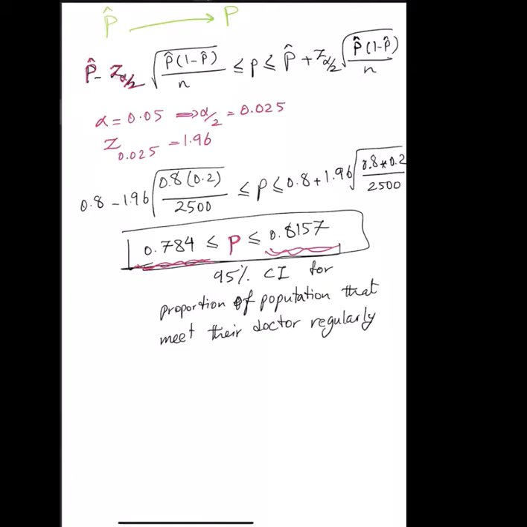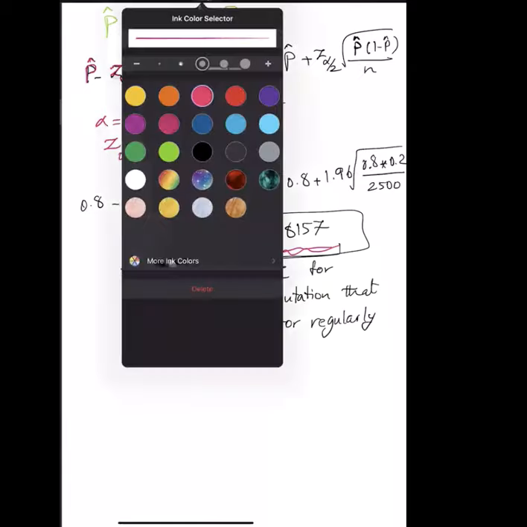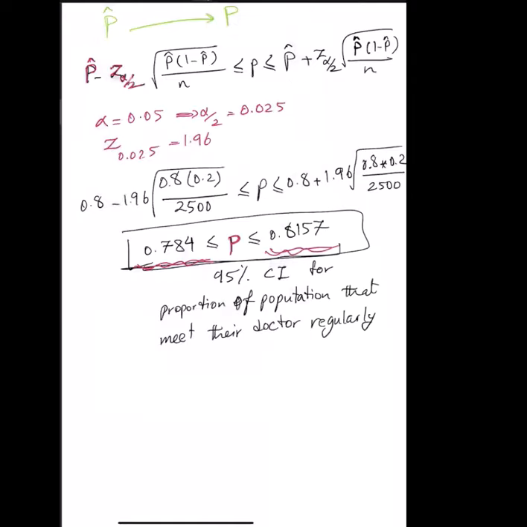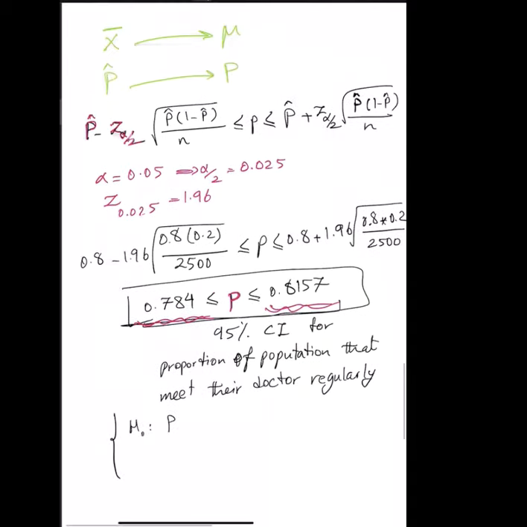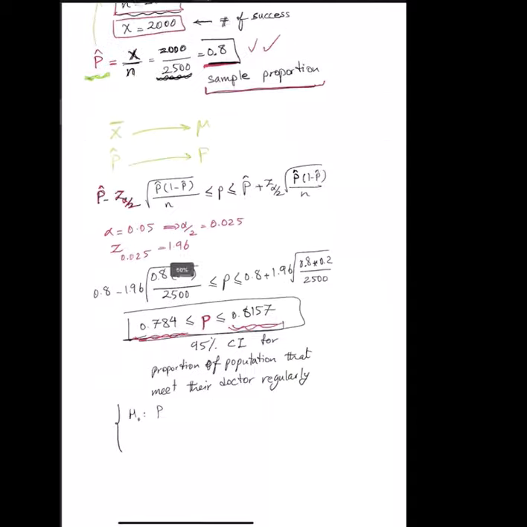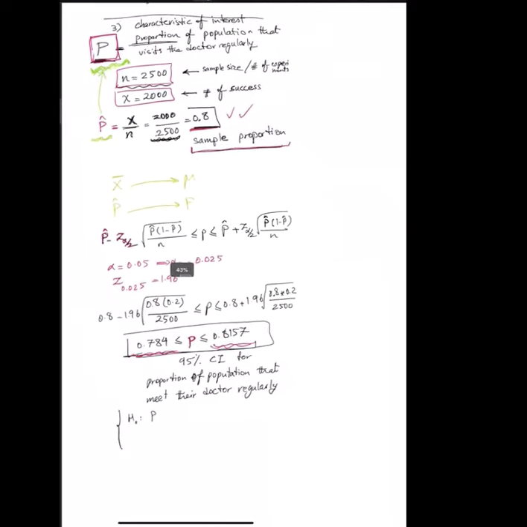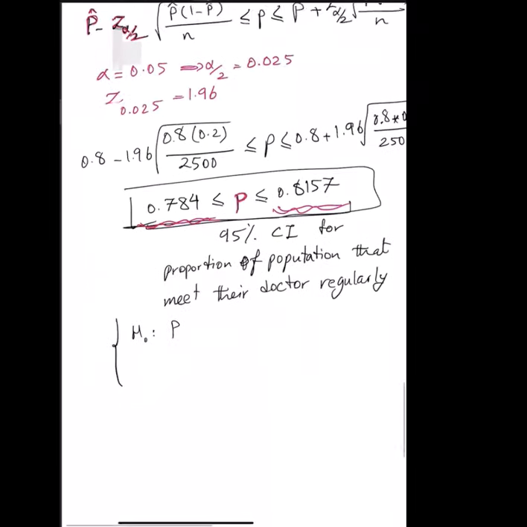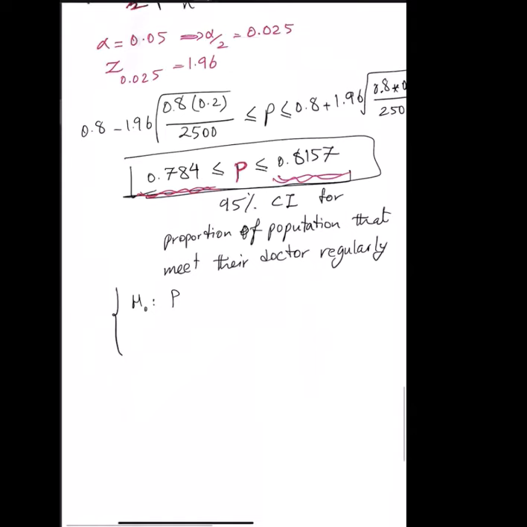And similar to the test of hypothesis part, let's assume I'm giving you a test of hypothesis. My null hypothesis is that P, oh, we already have it here, right? No. Let's assume I tell you that P equals 0.85.